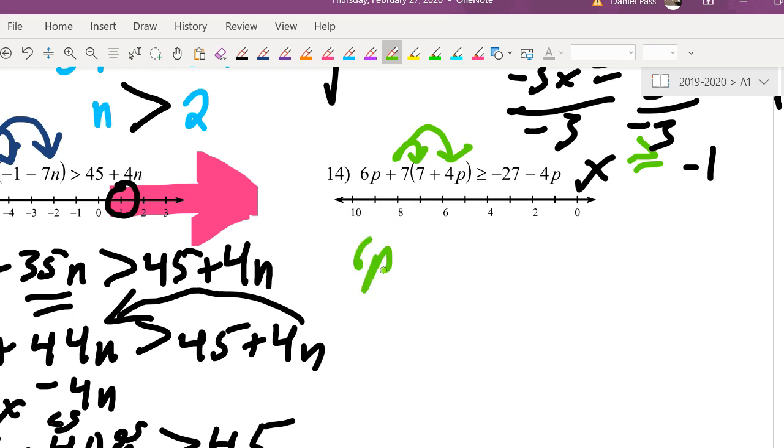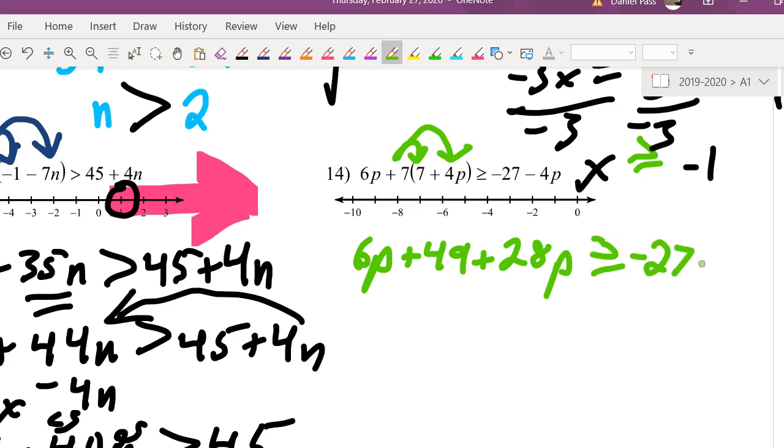Okay, 6p plus 49 plus 28p is greater than or equal to negative 27 minus 4p. 6p and 28p, combine like terms. 34p.